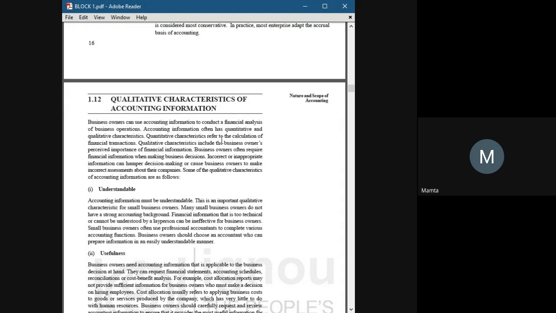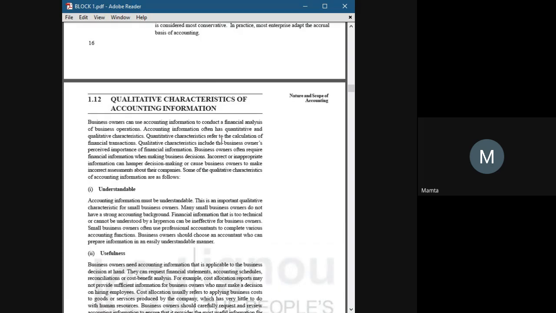It must be presented to the outsider or insider users accordingly, or in easy language. Usefulness: business owners need accounting information that is applicable to the business decisions at hand. The data you are showing must be useful to the owner or the user.